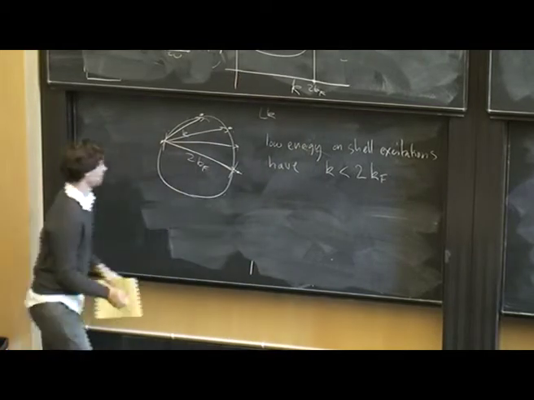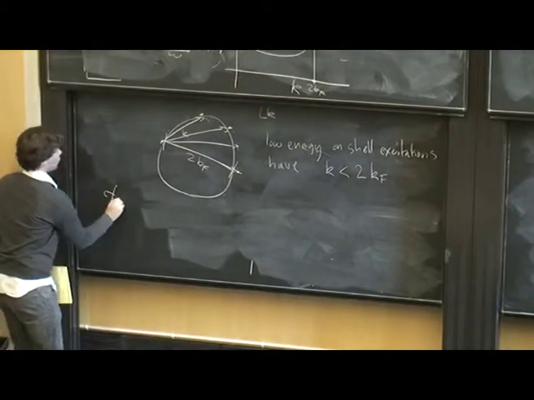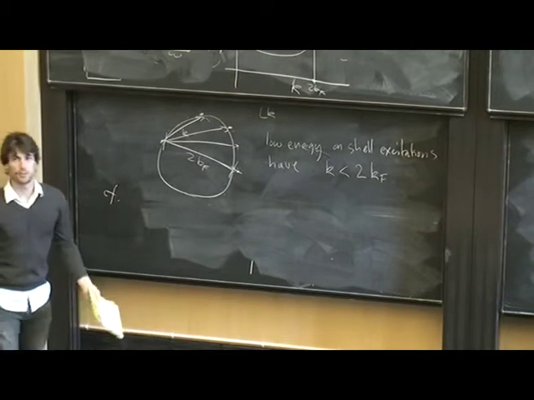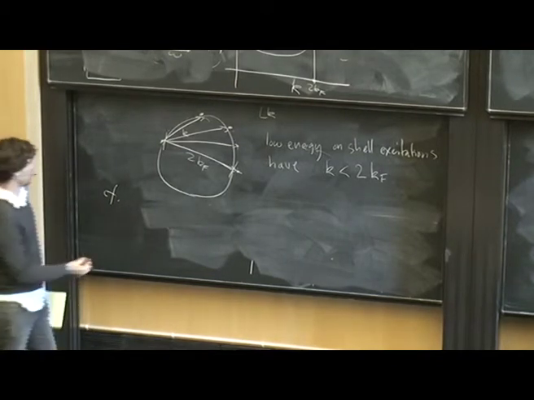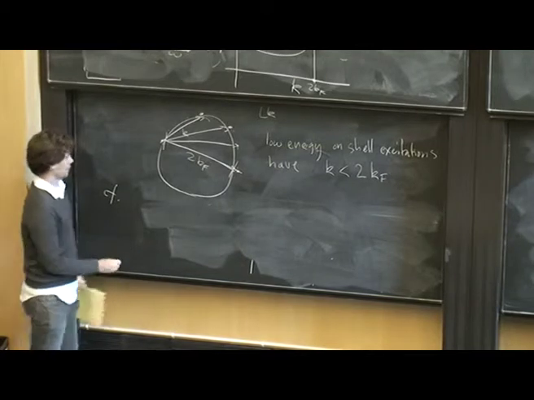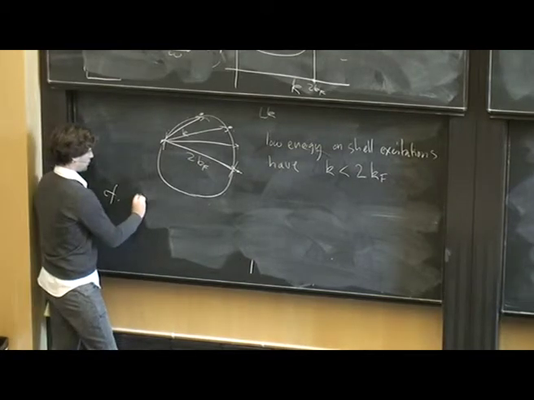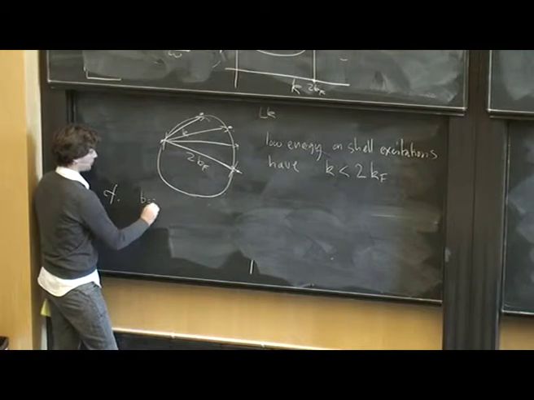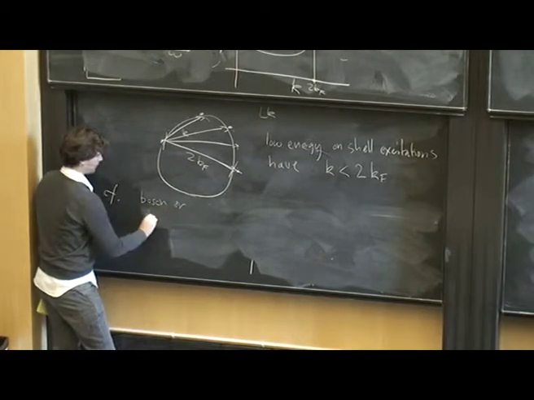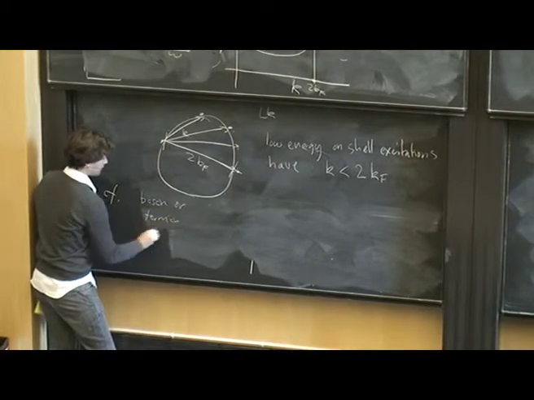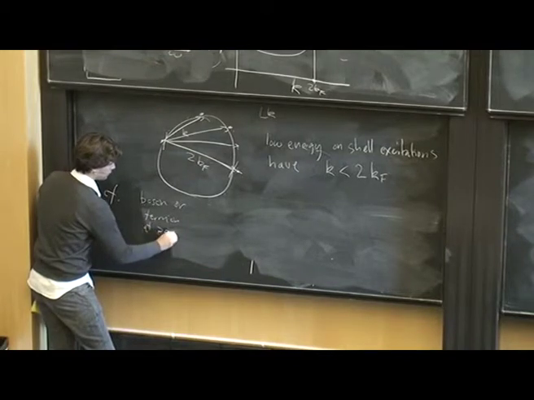So let's contrast this. What if you do this for a relativistic boson, right? So the boson, or fermion, at 0 density, so no charge.